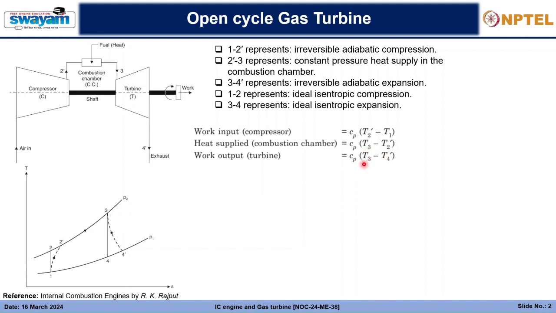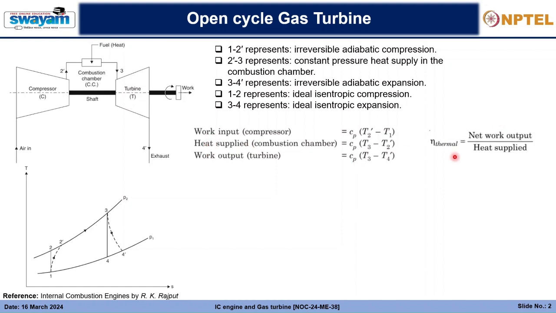Cp means specific heat at constant pressure, and we also know that for enthalpy at a particular state, the enthalpy equation is given by Cp into temperature. So that is the formula of the enthalpy, and this is the enthalpy difference. And by this enthalpy difference, we are actually having either work or heat.